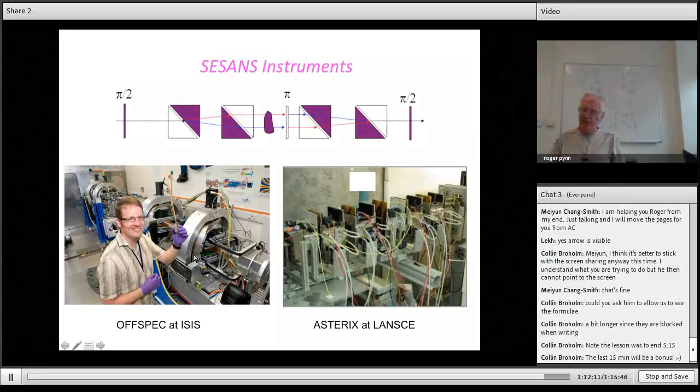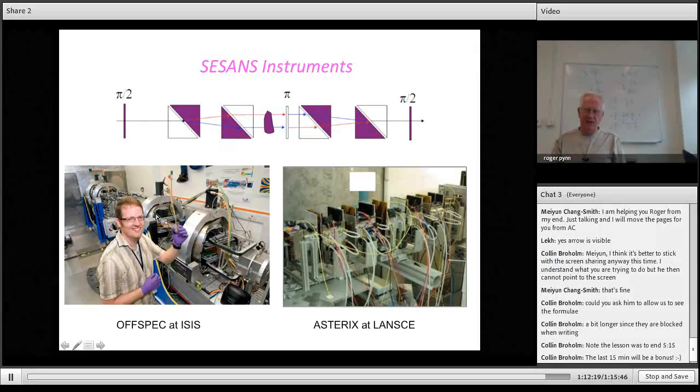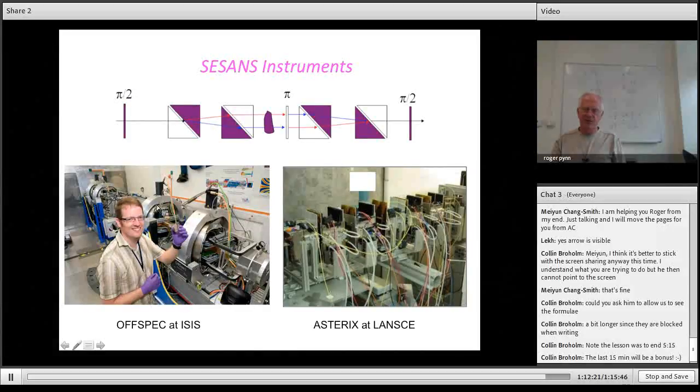But essentially, it's what I showed you, these Wollaston prisms separated, except that they do this by a slightly different method. This is a very nice instrument, don't get me wrong, but it's also much more expensive than doing it this way.